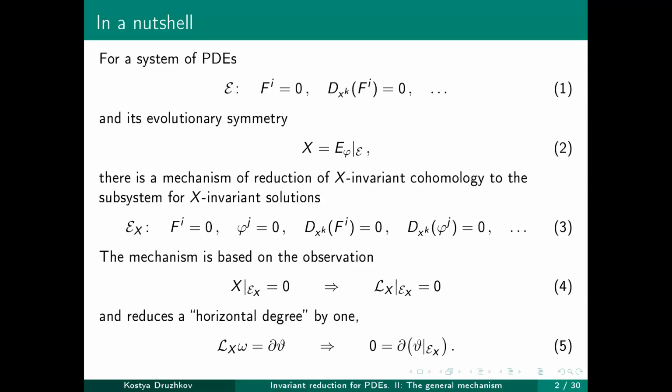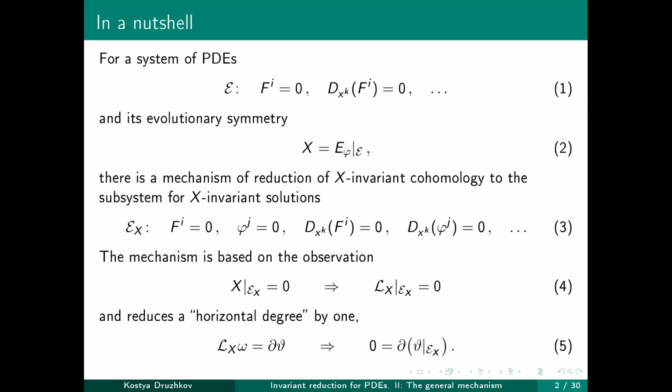If we equate the characteristic to 0, we get the corresponding invariant solutions. On this subsystem epsilon x, the evolutionary symmetry x vanishes. So the subsystem epsilon x describes the corresponding invariant solutions.